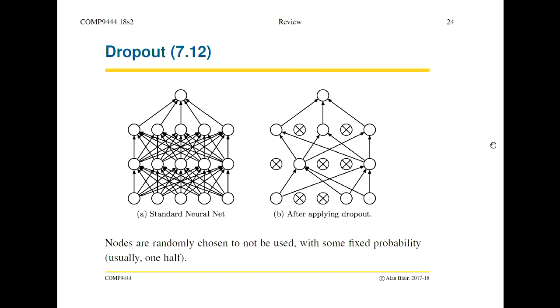This was where, when we train a mini batch, we randomly exclude a certain fraction of the nodes from the network, typically a half, and then the remaining nodes have to try to learn the task, and then at the end we put all the nodes back. We multiply each one by the same fraction in order to have the activations be the same size, in terms of a mean field theory approximation.